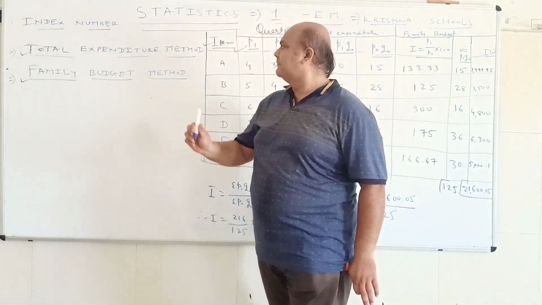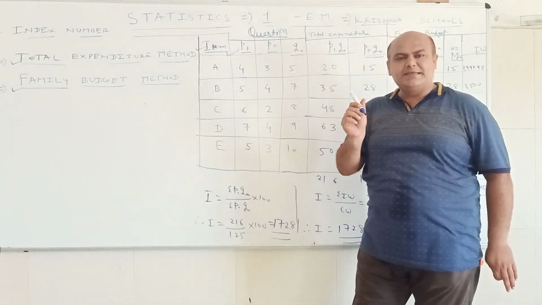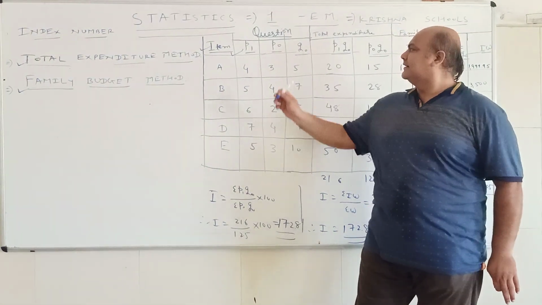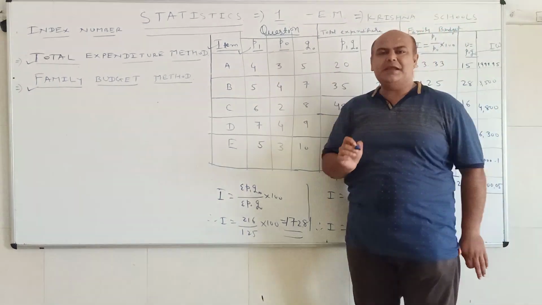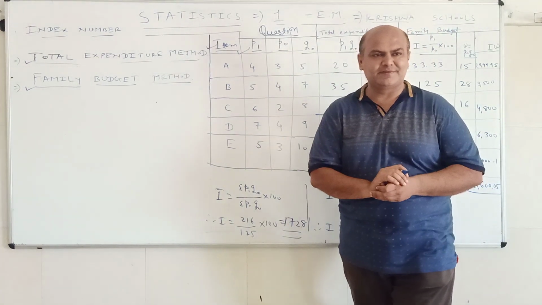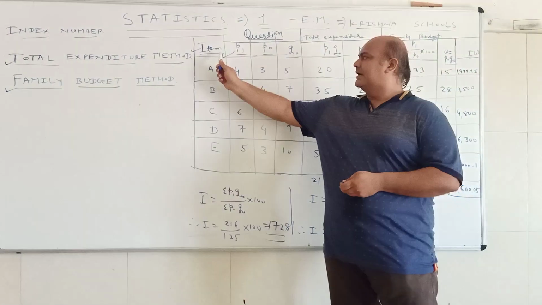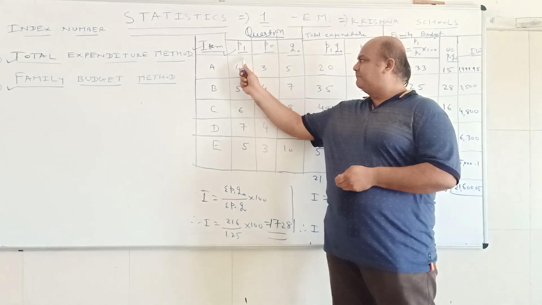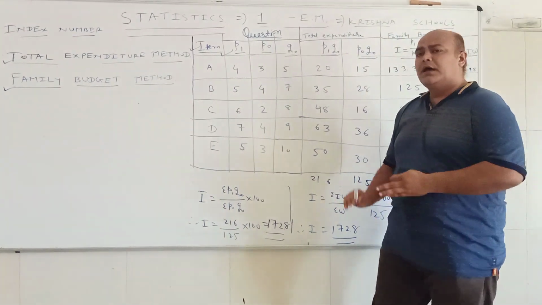The second column is P0, that is price of base year, and the third column is Q0, that is quantity of base year. So 4 columns total in the question: item, P1, P0, Q0.